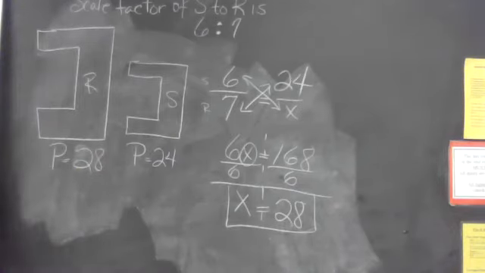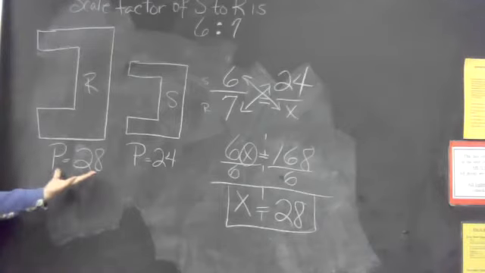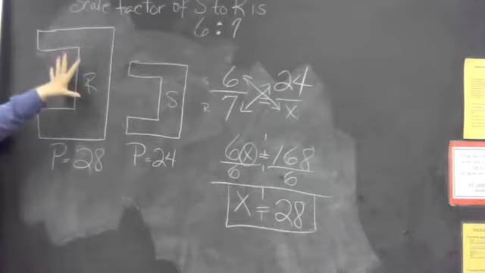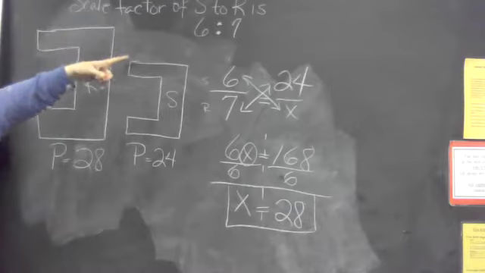Now, I also like math students to look at their answers and see if they even make sense. If you made a mistake and you said this perimeter is 12, okay? You came out with 12 and you looked at this, put it here. Does this even make sense? Because the big one has the bigger scale factor.